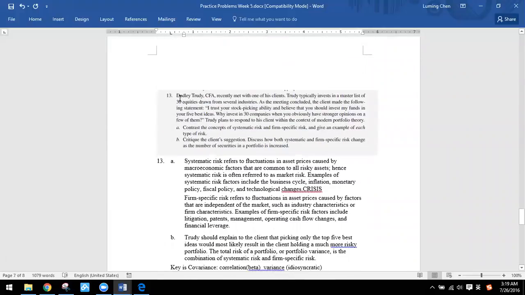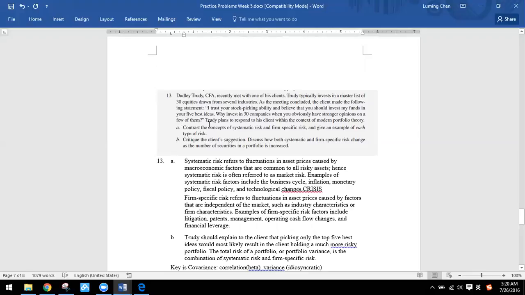Number 13. Dudley Trudy, CFA, recently met with one of his clients. He typically invests in 30 equities drawn from several industries, but the client complains that since the CFA has best ideas on like 5 stocks, why invest in 30 stocks when you obviously have stronger opinions on only a few of them?